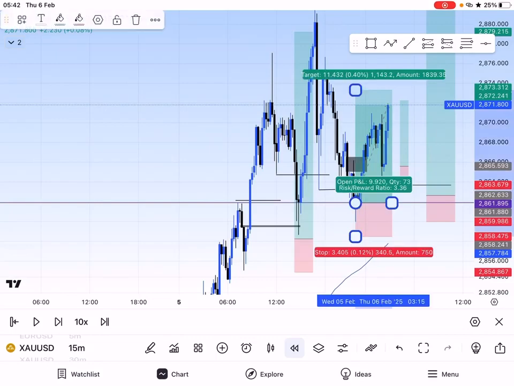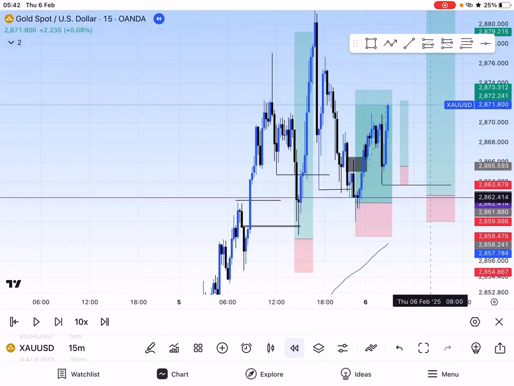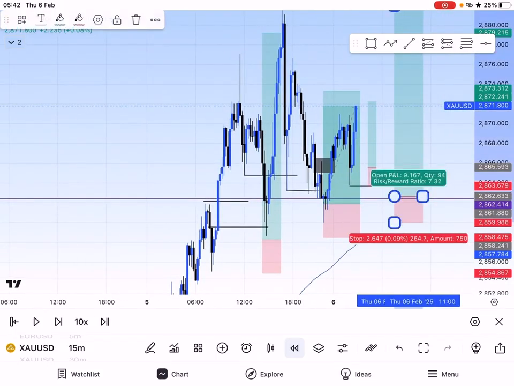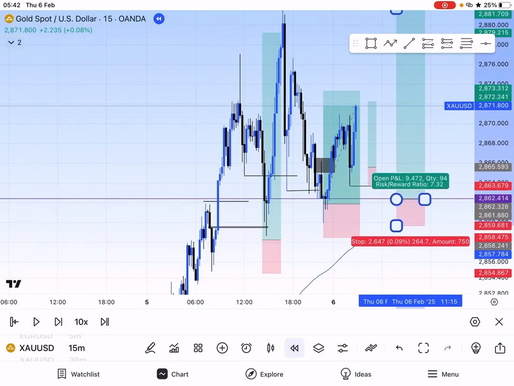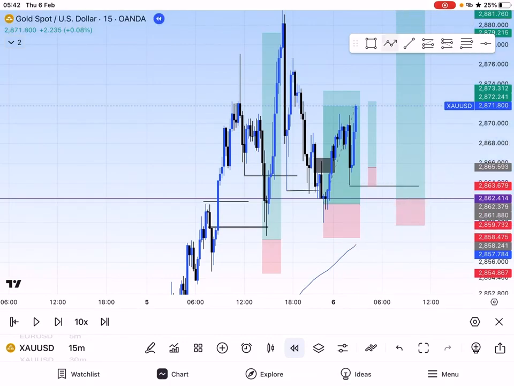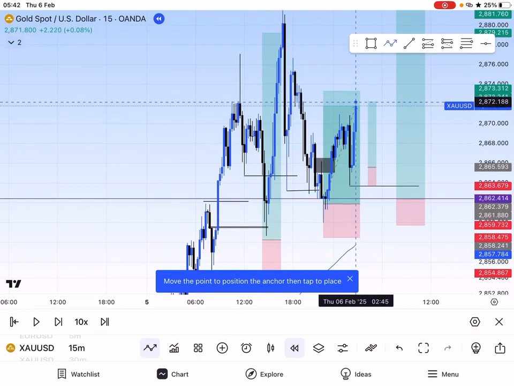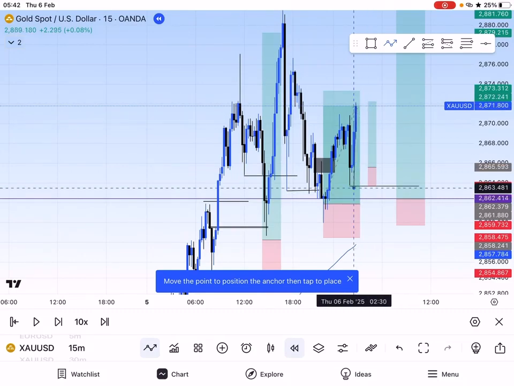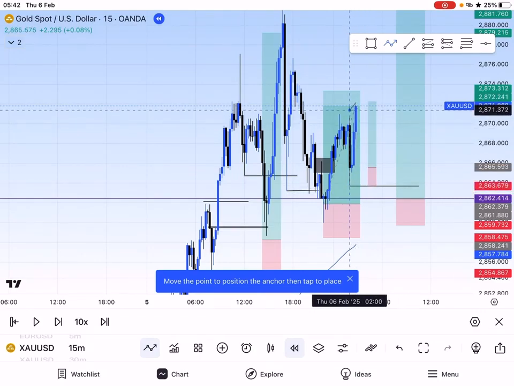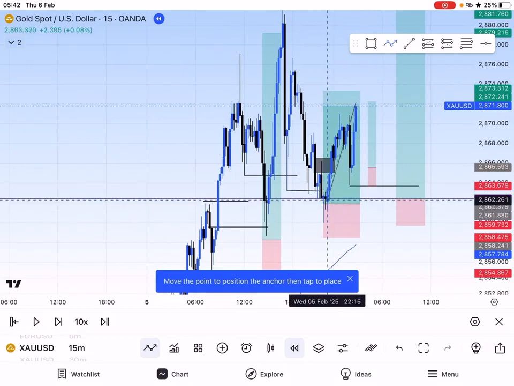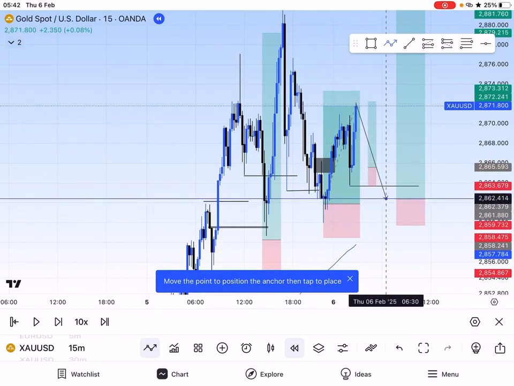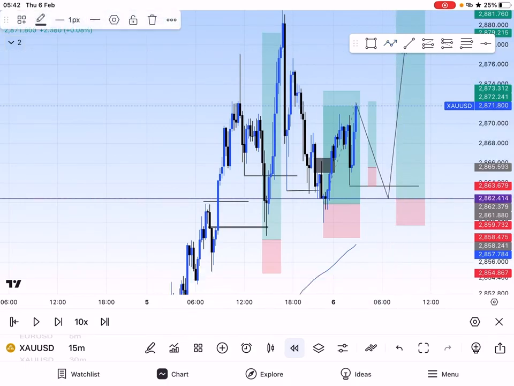This just happened recently, as I'm recording this. I was waiting for price to take out this inducement, even break structure, and now tap into this level here. Something like this, and then it will react all the way to the moon.